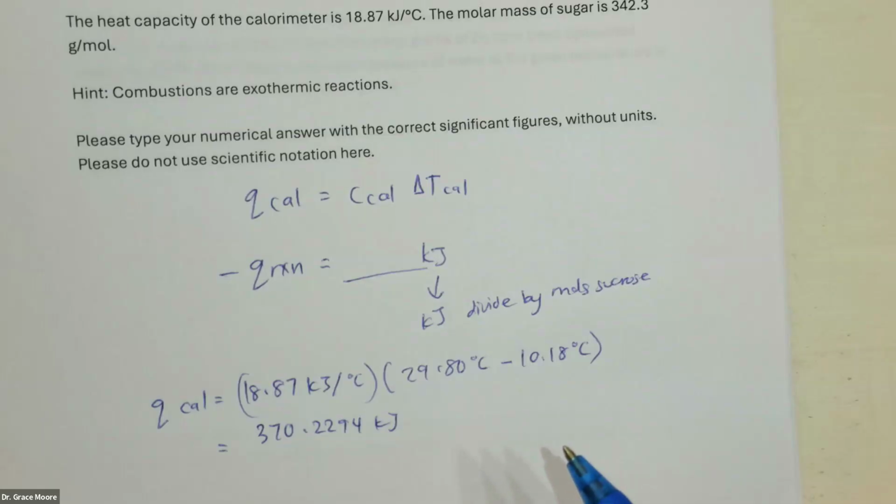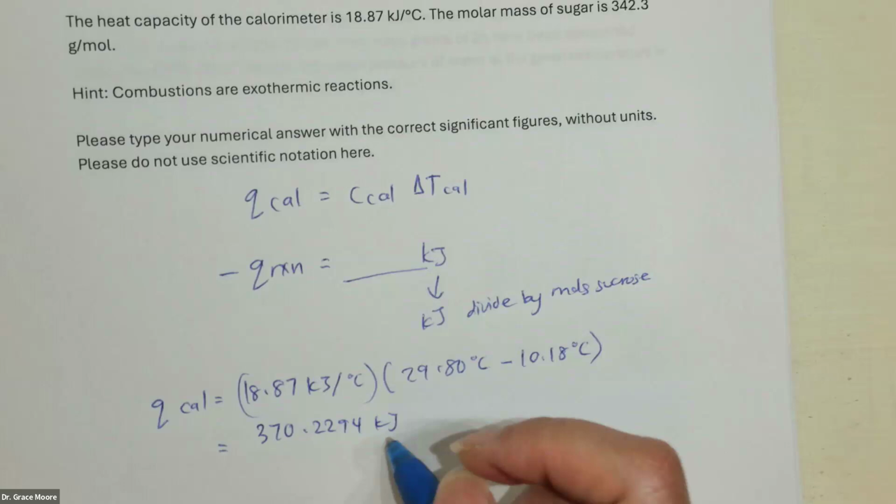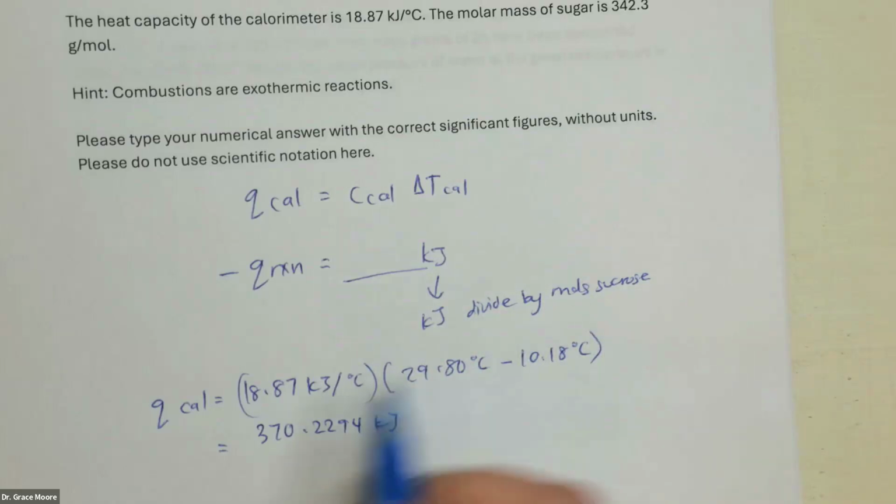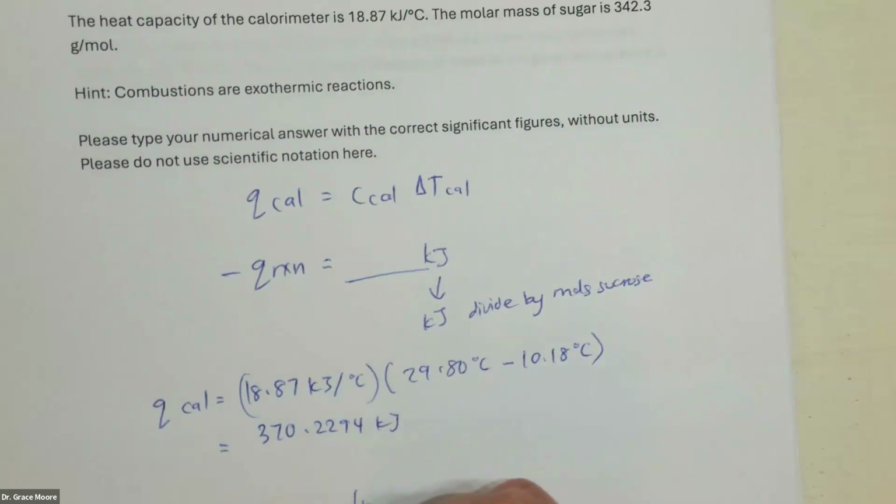And then you keep going and you say, well, this is in kilojoules, but I need to divide by the moles of sucrose. So how do I get the moles? I just say, well, 226.04 grams of sucrose, and the molar mass is 1 mole is 342.3 grams. We'll keep 4 sig figs here.